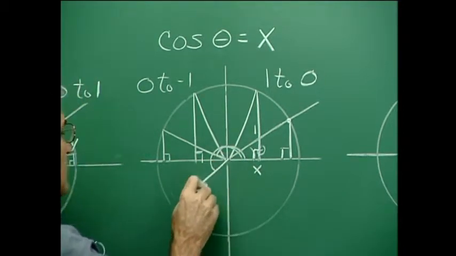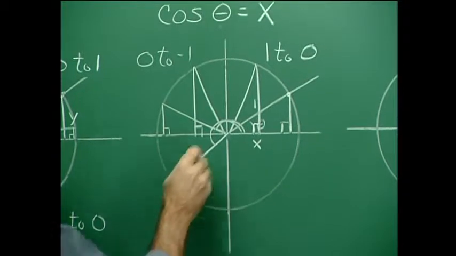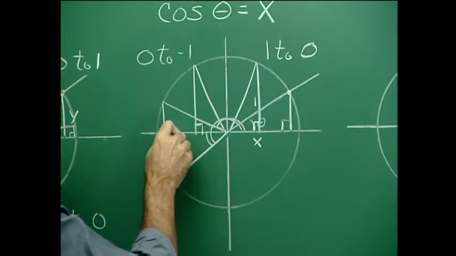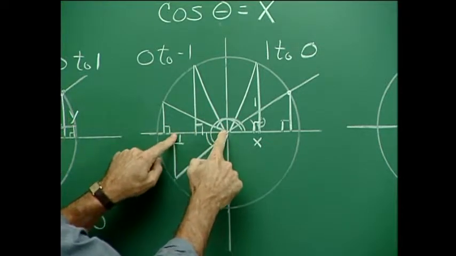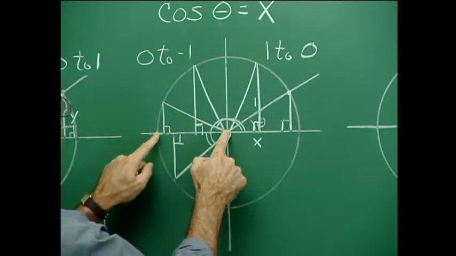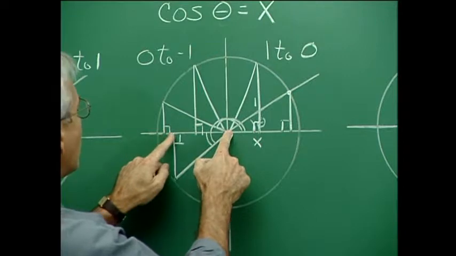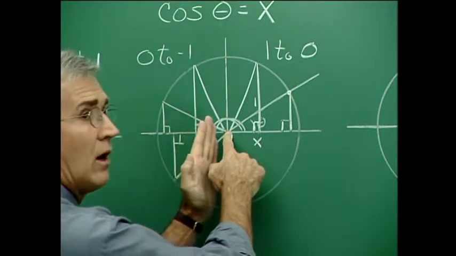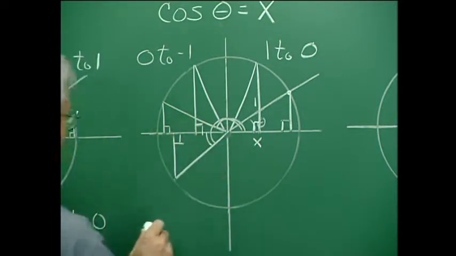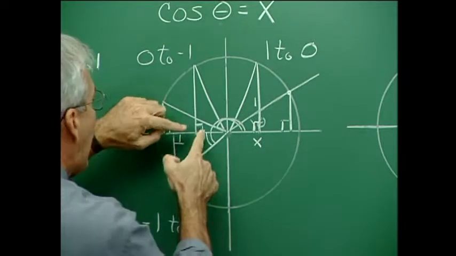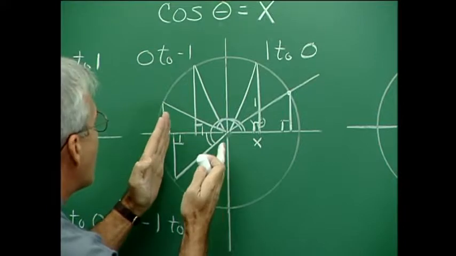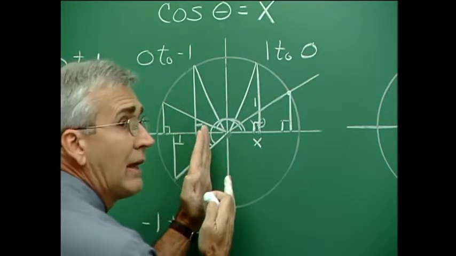We have a reference triangle here, and the value of x is the cosine of theta. And it is going from negative 1 and coming back to 0 in this quadrant. So it's negative 1 to 0 as that angle increases and the triangle moves like this.